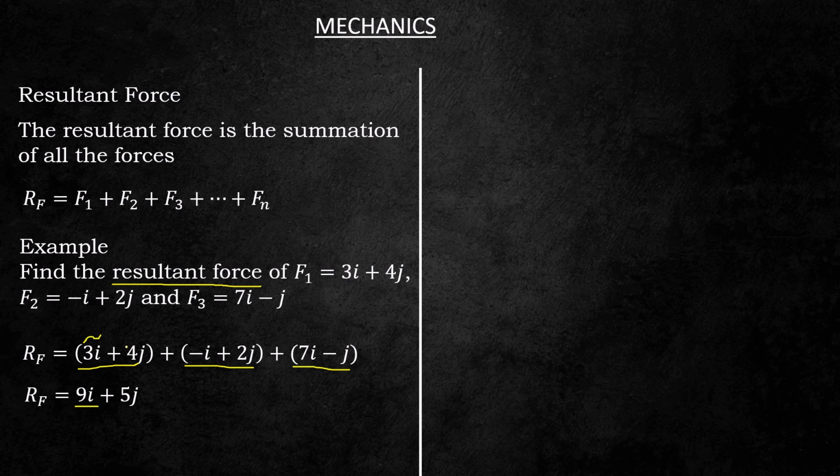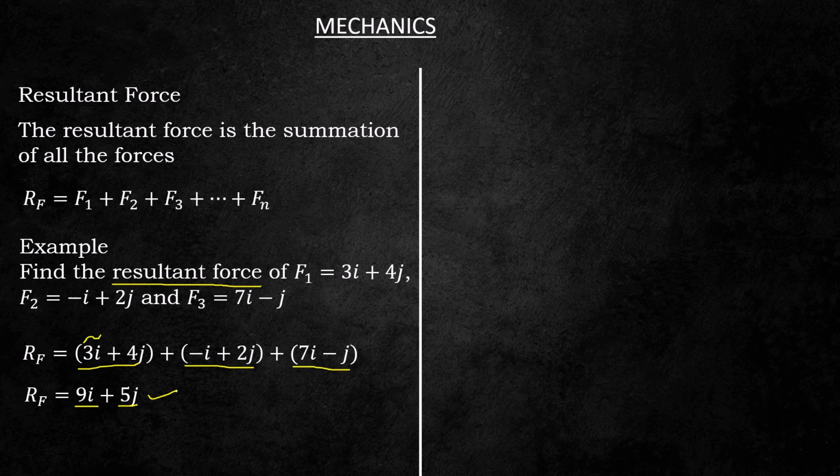Then we add the j component, that is the y component. So 4j plus 2j plus negative j, so 4 plus 2 minus 1 is going to give me 5j. So the resultant force for force 1, force 2, and force 3 is 9i plus 5j. So this is the answer, and we're done.